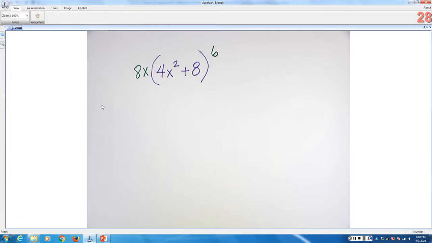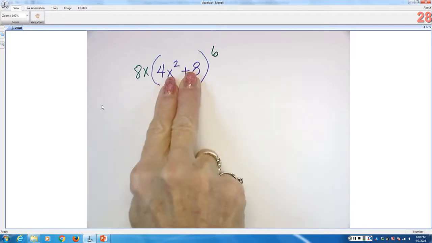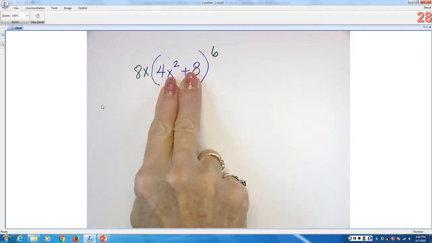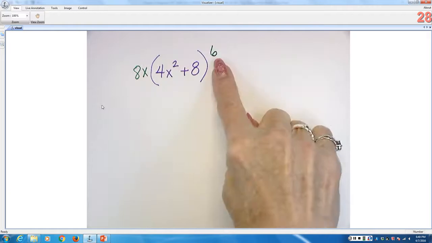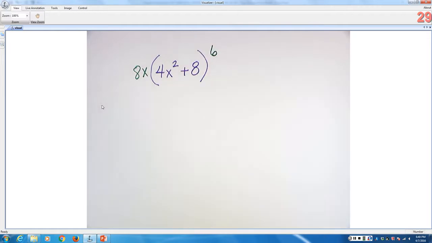This is the expression that we've got that we wanted to integrate. What this tells us is that originally we had some inside function that we had taken the derivative of. And we also had an outside function that had a power on it that we took the derivative of.